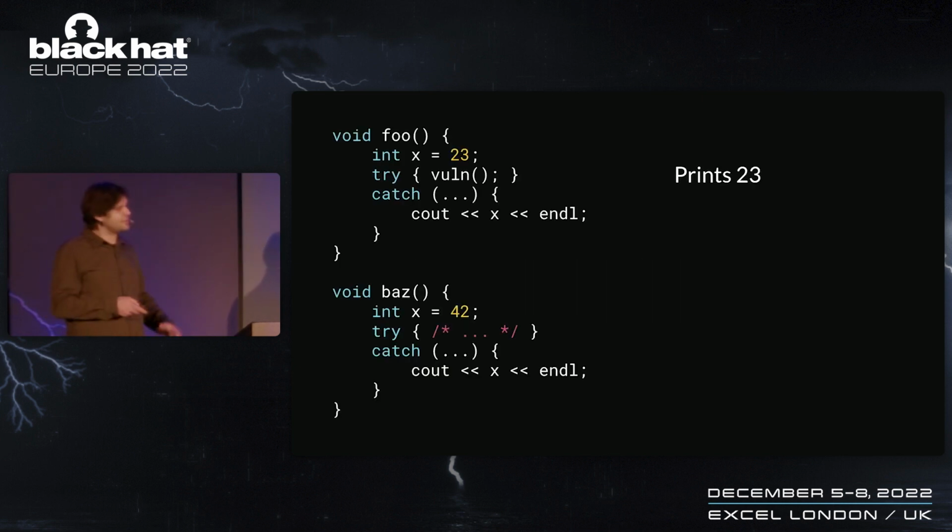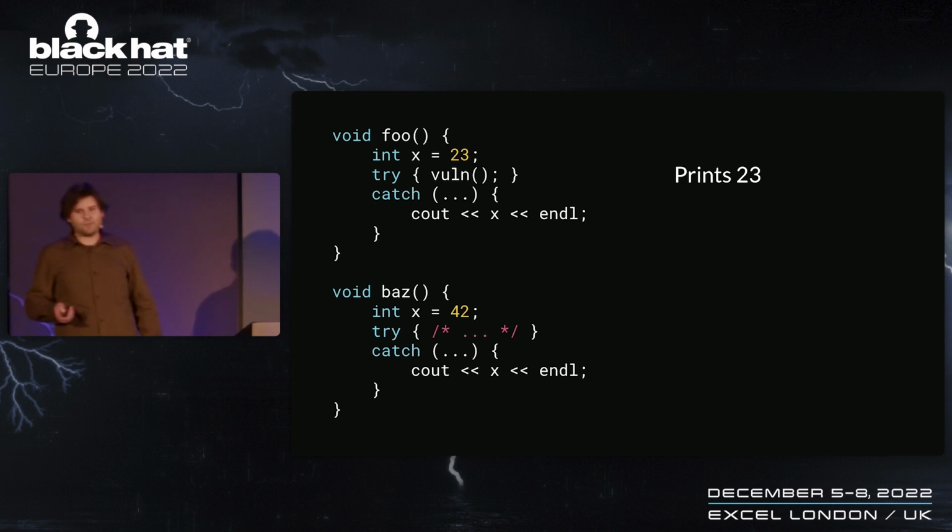Let's use the same example. We have a caller that catches, and a callee that throws. But the caller now also prints, in the catch handler, a variable on the caller stack frame, which is initialized to 23. Now, in normal execution, when this exception is caught, the caller will print 23.